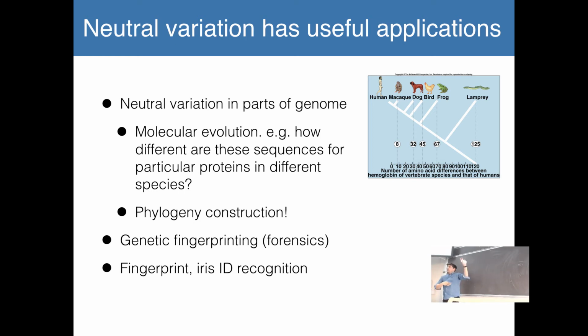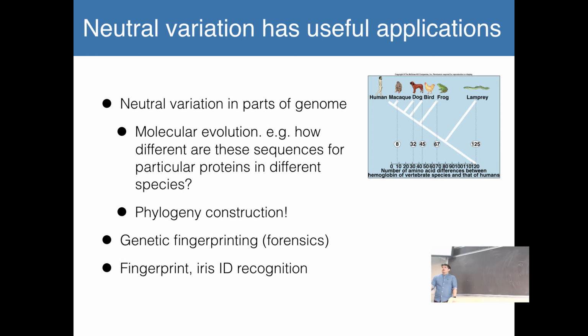So these are the parts of the genome that are giving us genetic information on distance of relationship and date for when we diverge from a common ancestor, for example. So this is used for phylogeny construction.